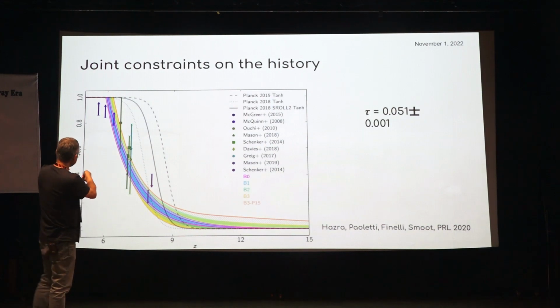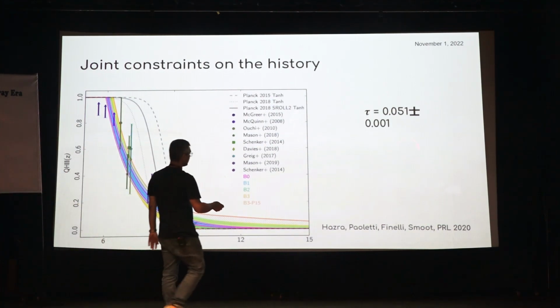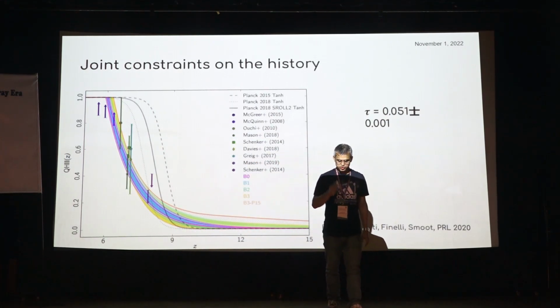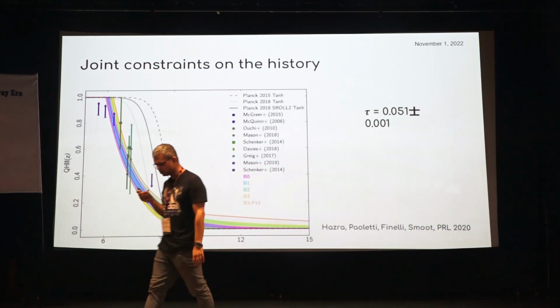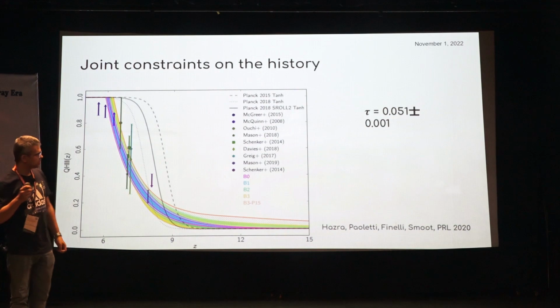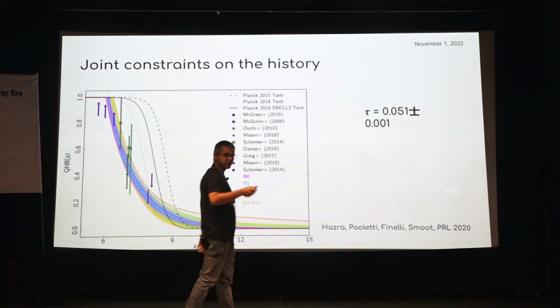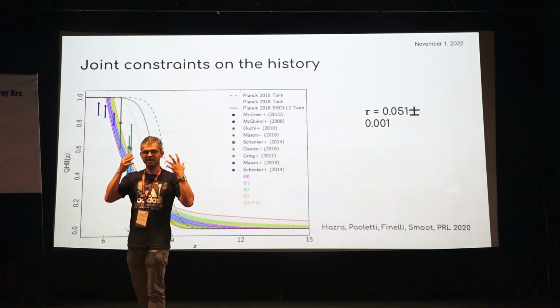This is the tightest constraint that we have obtained, and the tau value that we have obtained is 0.051 plus or minus 0.001. This is even better than the cosmic variance limited CMB surveys, where the best you can find is 0.003 or 0.004. Anyway, you have to take this result with a pinch of salt, because as I said, for UV luminosity density we do not have enough measurements.